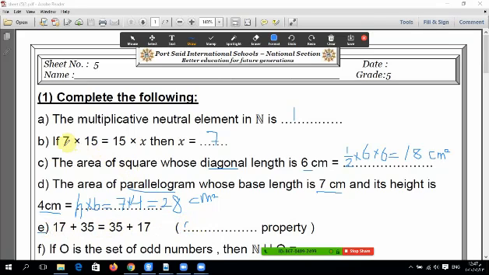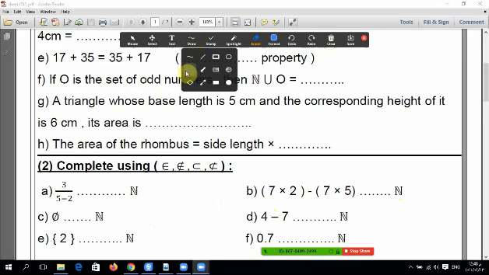Commutative. Ahmed said it at the beginning when he solved this question. When we change the place of the numbers, that means it's commutative. So it's the commutative property.